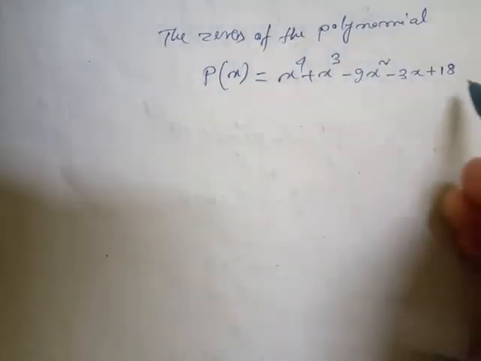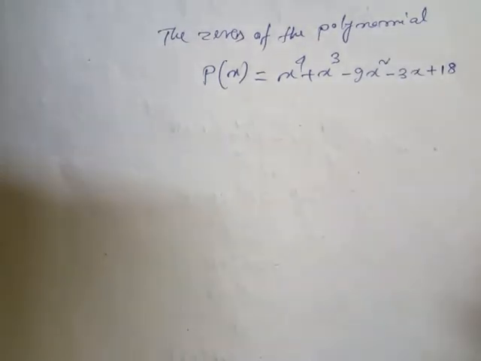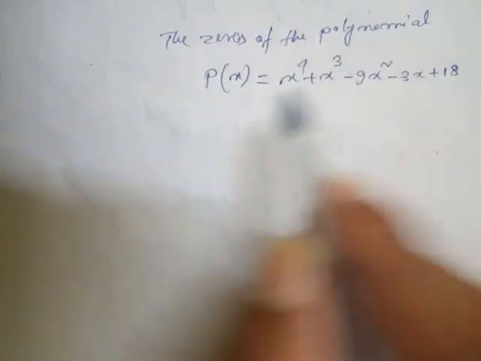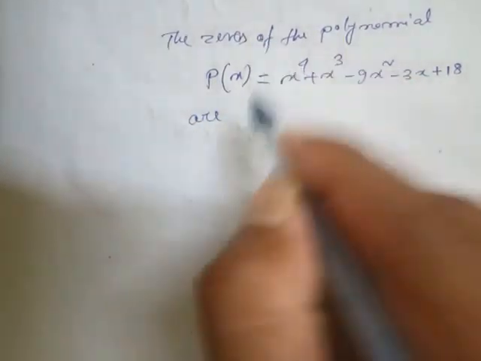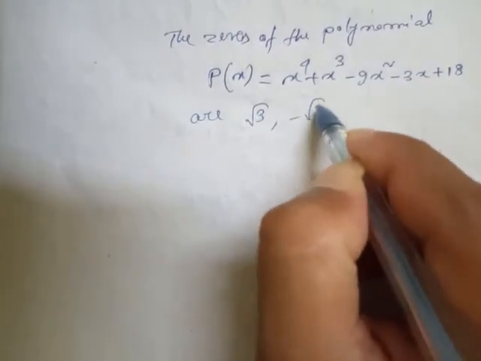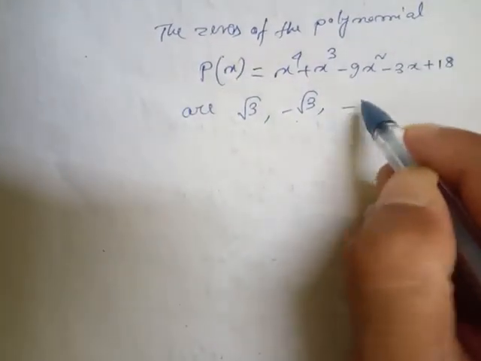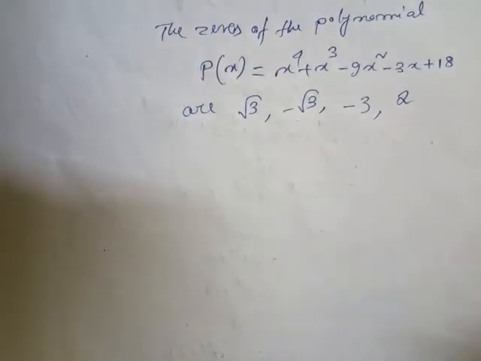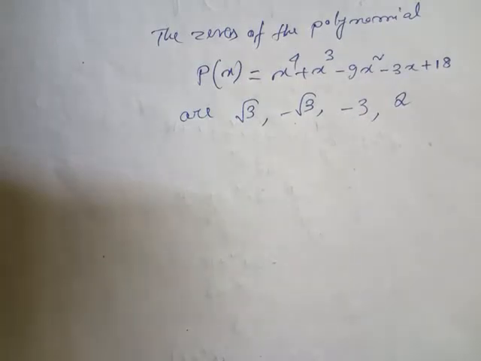In your book it is given plus 8, actually it is plus 18. The question is given wrong in the book. The zeros of the polynomial are root 3, minus root 3, minus 3 and 2. This is the answer of 6 Roman 2.